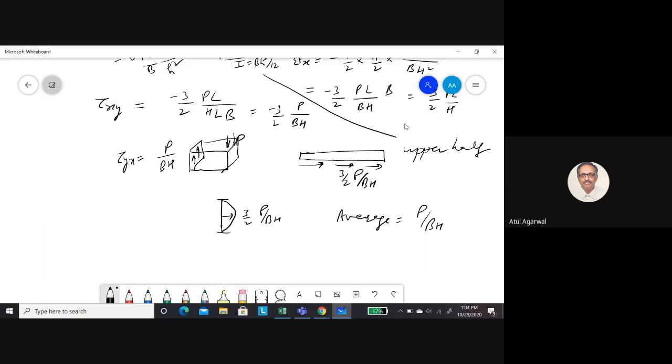You see your shear force diagram for a cantilever. You apply force P here. This has P and some moment here. So you take any section. So force will be, this is P, this is V. So V is equal to minus P. So your shear force is same for the entire length.